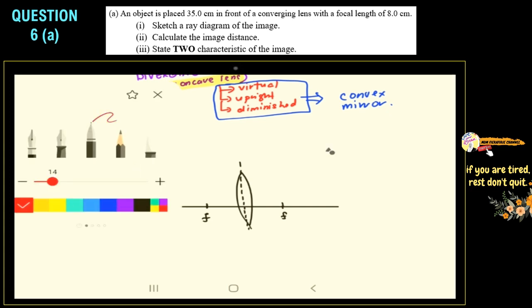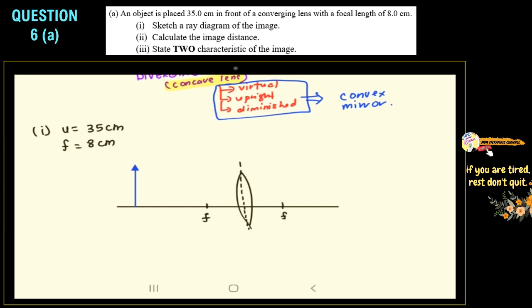Okay, so now let's draw. Okay, bila lukis arrow jangan lupa lah. Okay, so parallel to the axis. Okay, first ray, parallel to the principal axis. Boleh. Okay, and then dia akan pergi ke mana?